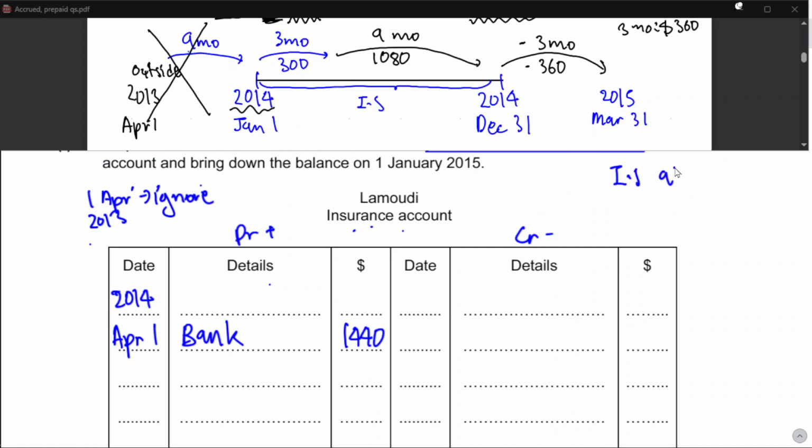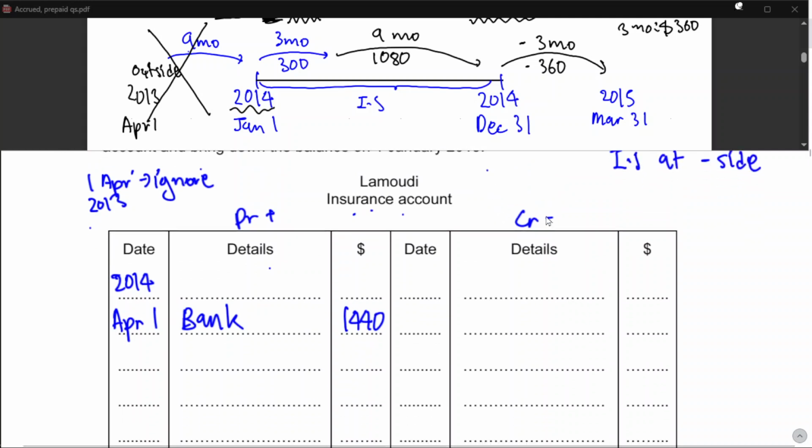IS at minus side. Minus IS. You see the minus looks like I. So it's minus IS by this one.